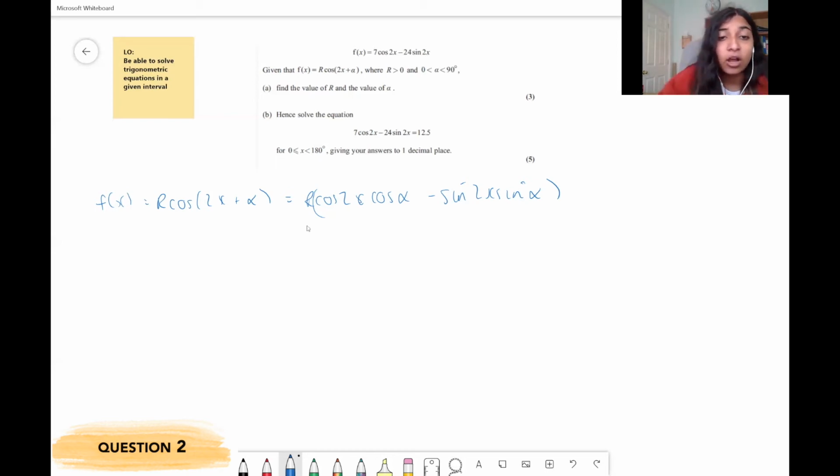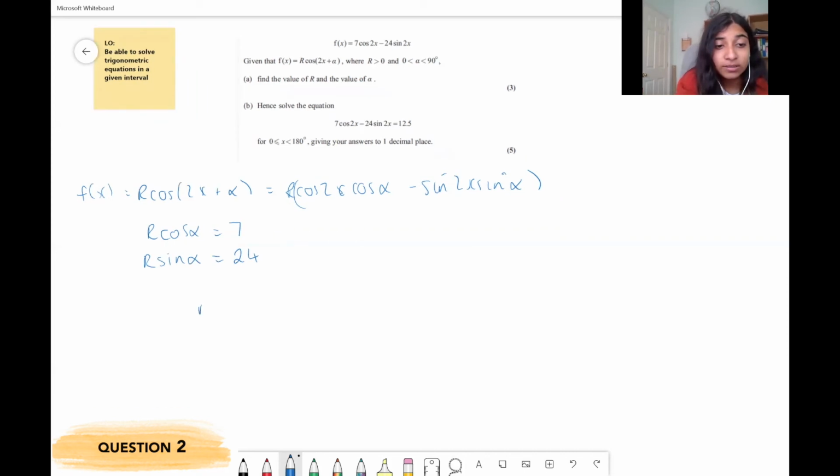So our coefficient of cos 2x, that's R cos alpha, is equal to 7, and then our coefficient for sin 2x is R sin alpha, and that's equal to 24. So now, first thing, we can work out alpha from this.